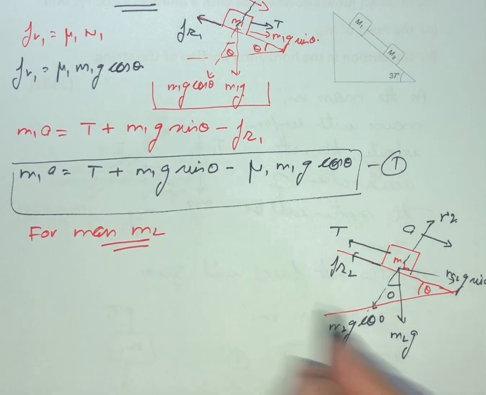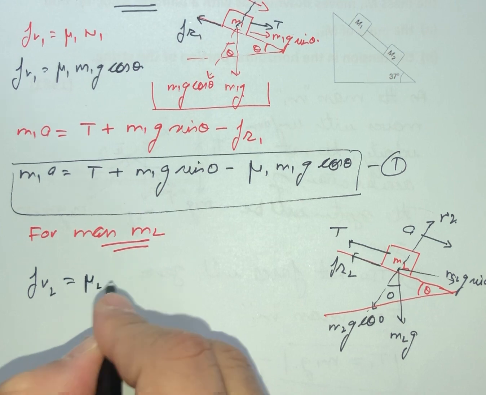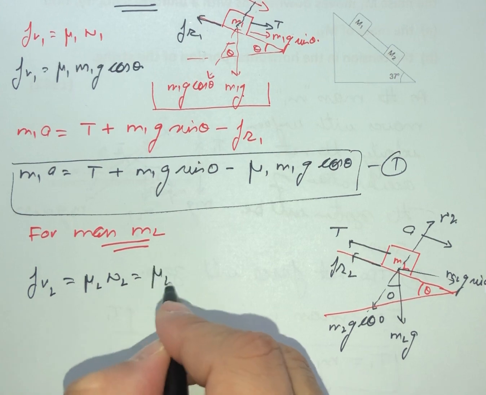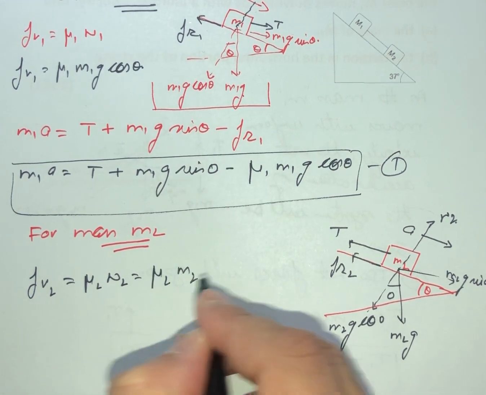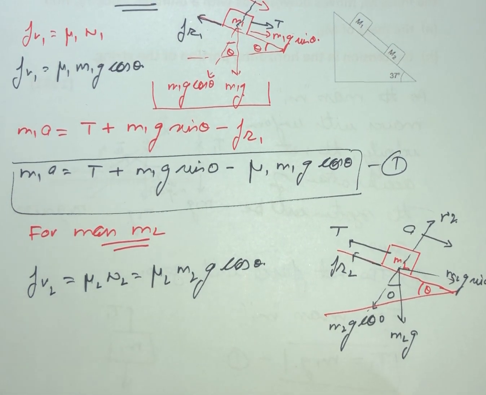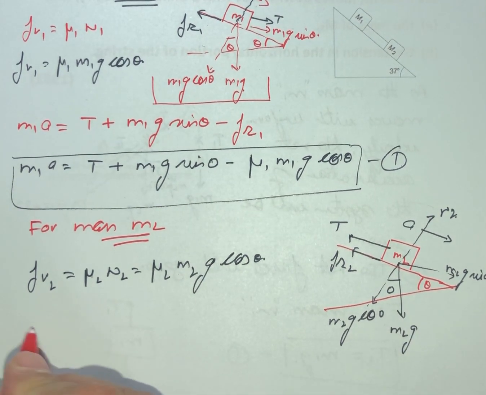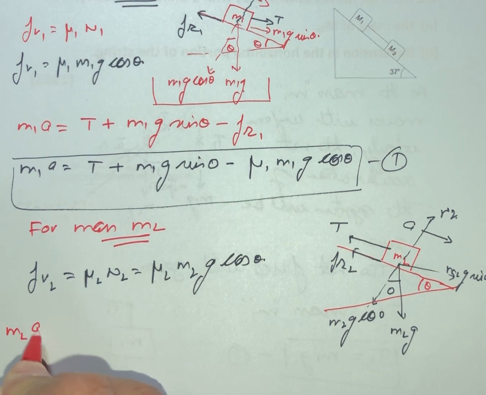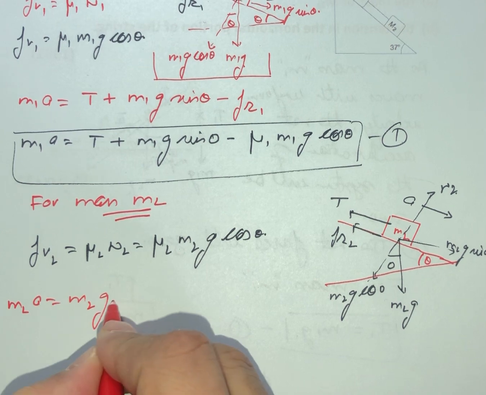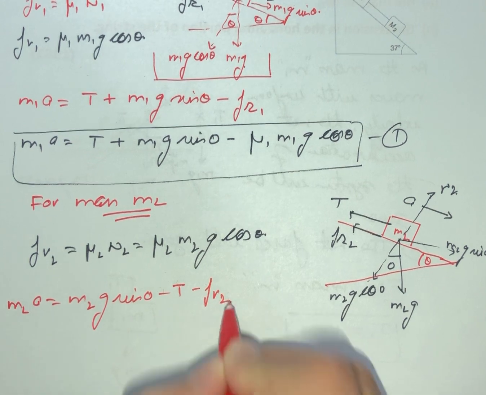So we can write the equation for the frictional force. Fr2 is equal to mu2 n2, and n2 is m2g cos theta. So we get this as mu2 m2g cos theta. So for the equation of motion for mass m2, we are going to have m2a is equal to m2g sin theta minus T minus Fr2.